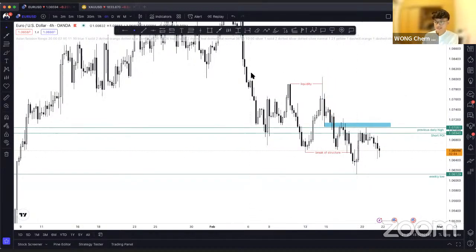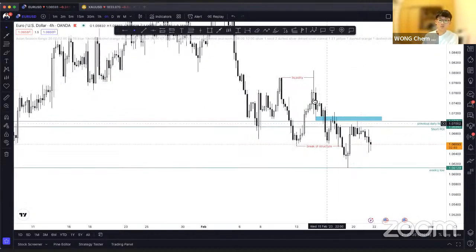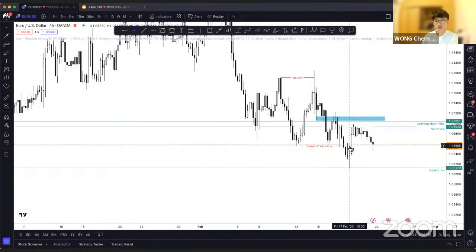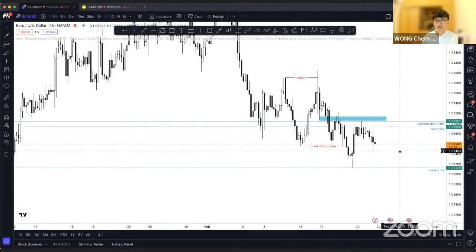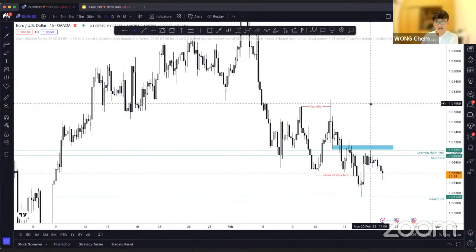So price already cleared liquidity, and the reason why this liquidity clearing led to a break of structure gives me a lot of reason to believe that price is on a bearish trend, and also that price can continue bearish. Okay, guys? So I believe that price can continue heading bearish.